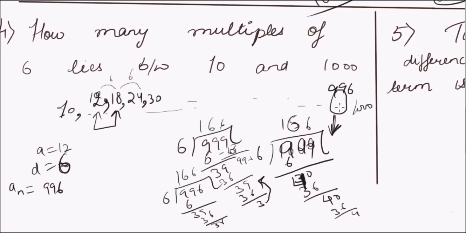We can find out the position of this number, and this position means the count of all the numbers that are in this AP.